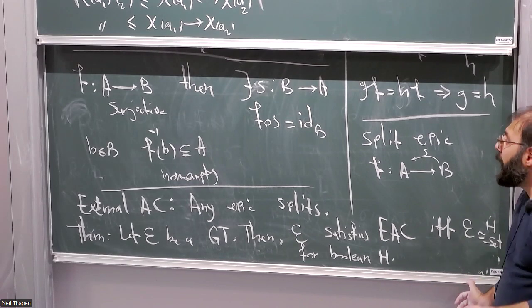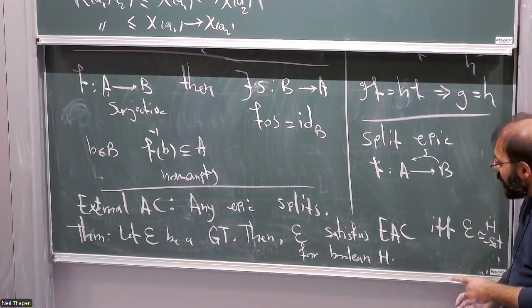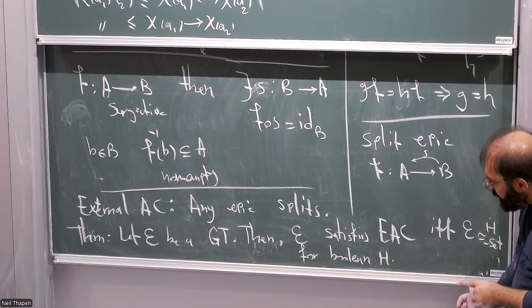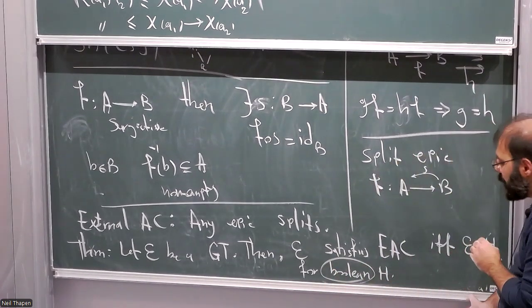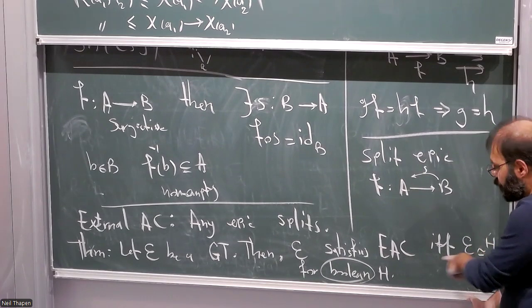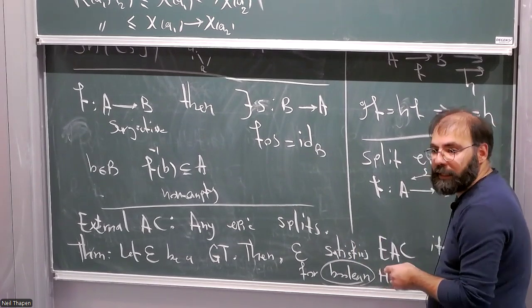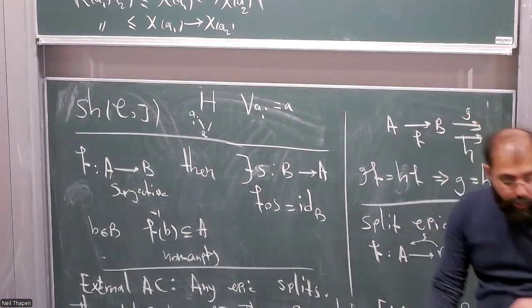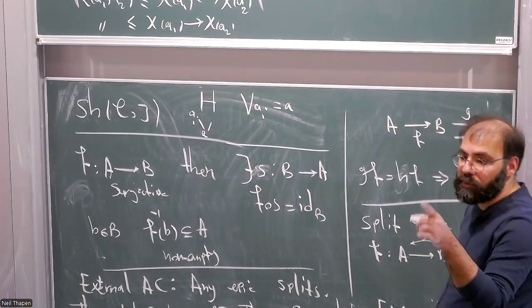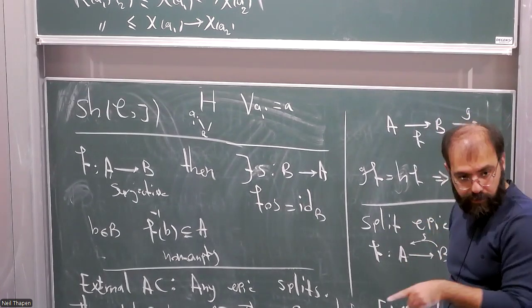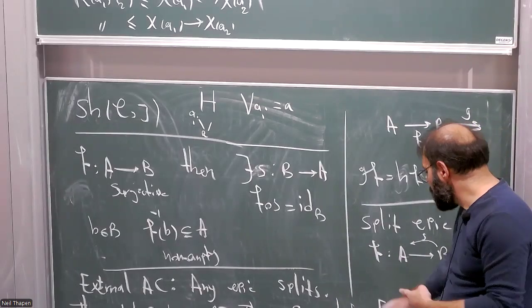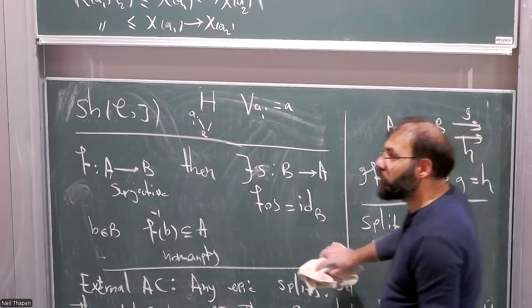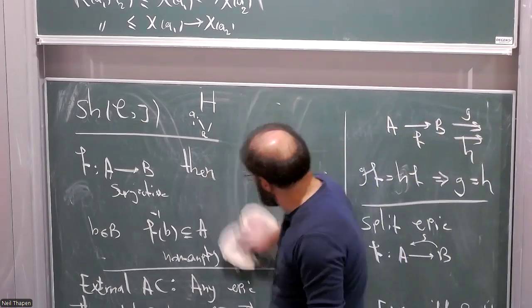The other thing is that Booleanness alone is not enough to prove the axiom of choice. There are some toposes that are Boolean in the sense that the Heyting algebra of subobjects is Boolean, but these are not satisfying the axiom of choice. And this is the last thing I promise to say.